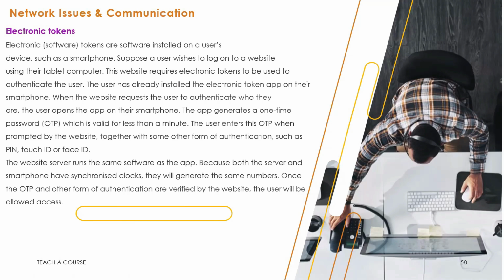Okay, if you're trying to log into maybe Microsoft Office 365, you'll be required to use the Authenticator app, okay, to be logged in. The authenticator app is going to generate an OTP which should match on the phone and on your computer to allow access. Okay, so that's an electronic token.